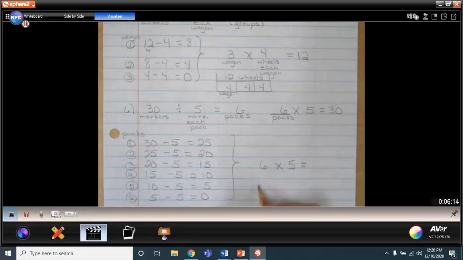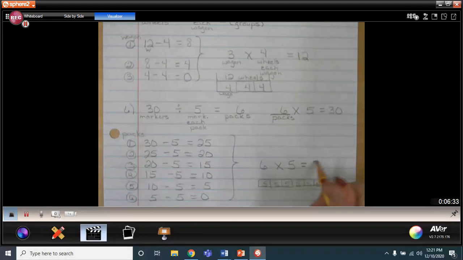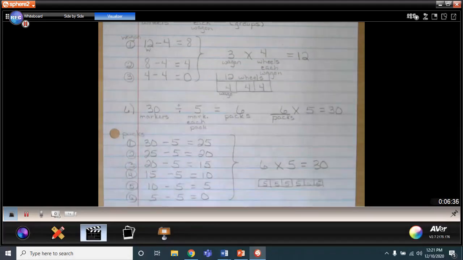If I count groups of 5, so here's a pack, 5, 10, 15, 20, 25, and 6 packs of 5 is going to be 30. So I have 30 markers. Here's my checking with my multiplication. Here's my division sentence. Please make sure you always start with your total objects.